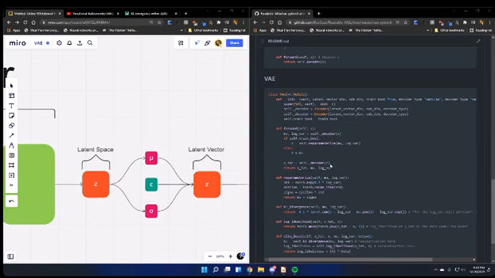I guess this is actually an error. The z should be both mu and variance, right? But we then have this latent variable put into the decoder, and the decoder outputs the reconstructed x hat.